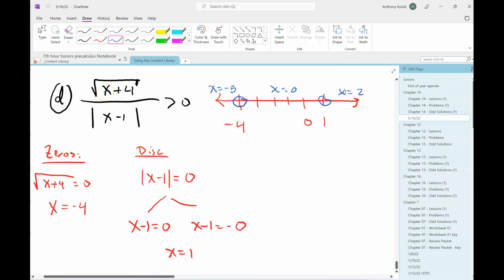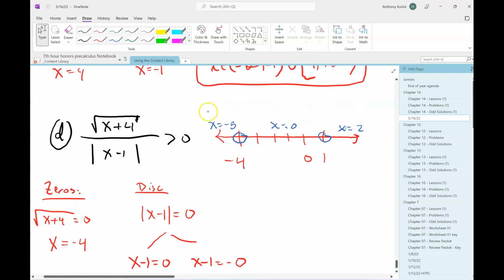When I plug positive 5 into the numerator, what do you notice happens? Yeah, I get an imaginary result. So that's just really undefined because we know that there is no inequality defined for imaginary numbers.